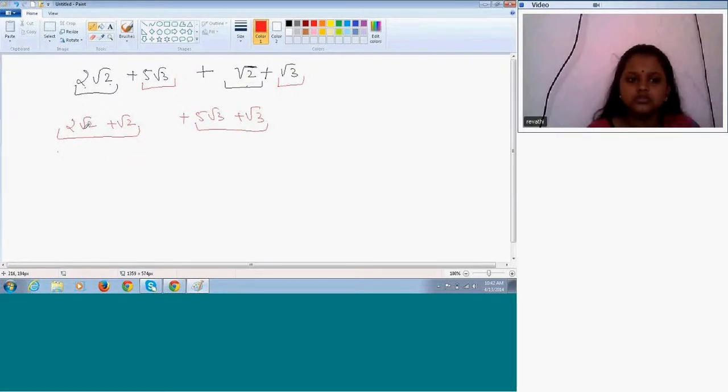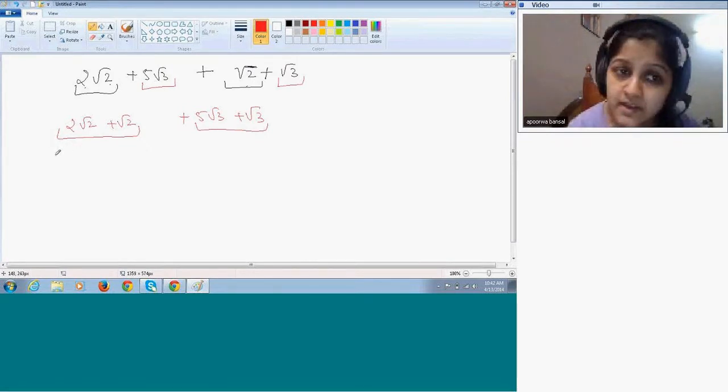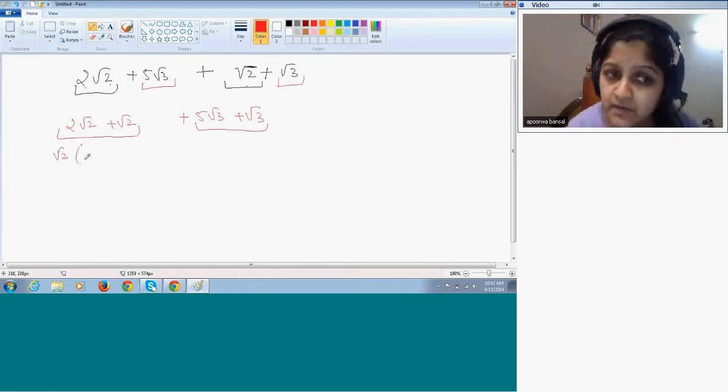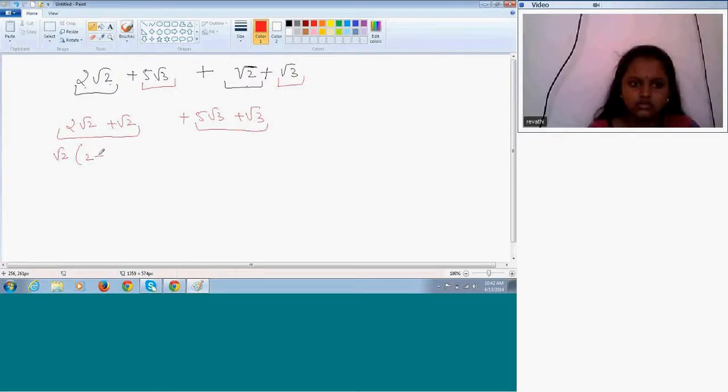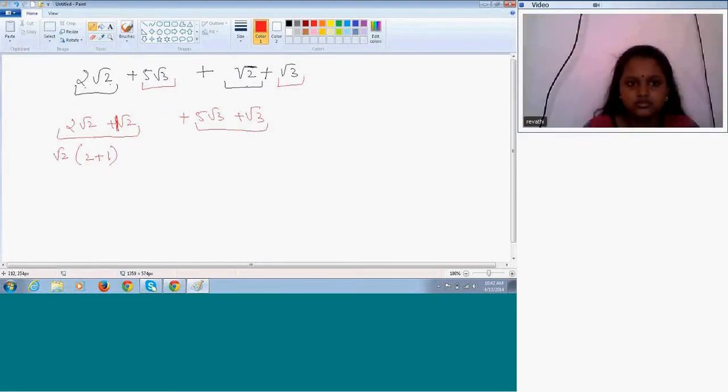We'll take root 2 common. We'll have 2 plus 1, because whenever we don't write any number, it means it is having 1.